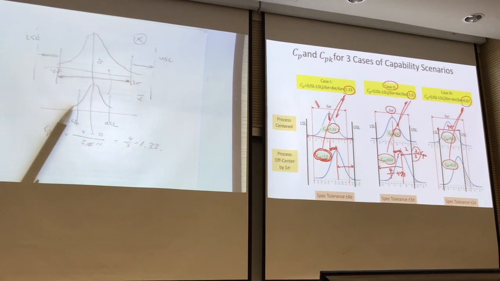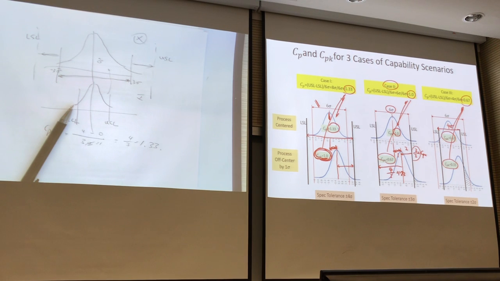They tie the process spread and specification together, and then they come up with a single number. By knowing that single number, people know that if the process mean is centered to the spec, the process is capable of meeting all the specifications required.